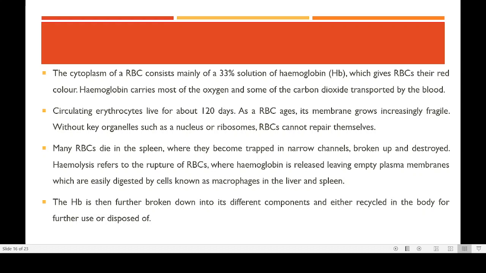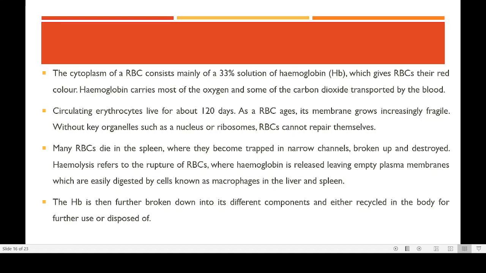Then coming to the cytoplasm, the cytoplasm of RBC is formed of about 33% solution of hemoglobin. So the major portion of RBC is hemoglobin itself. That is why I told you the main function of the RBC is transport. 33% of the total substance inside the RBC is hemoglobin.